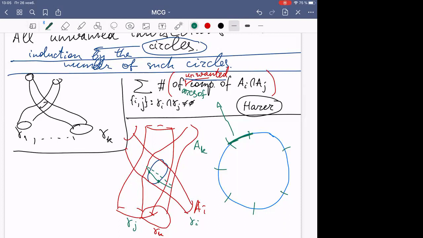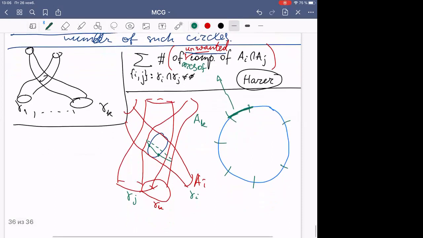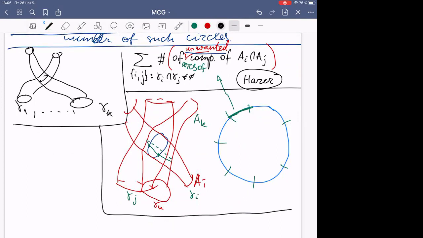And then it is actually possible to reduce this complexity step by step, and to achieve that finally we avoid all unwanted intersections. Maybe the original complexity by Harrer still works, but I do not see any argument for this.